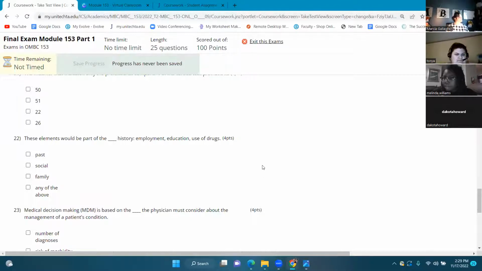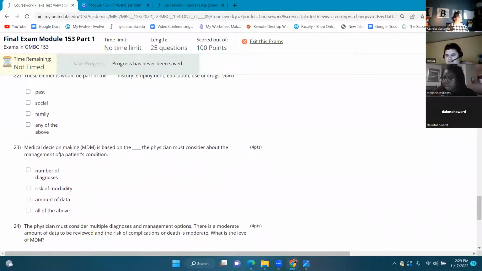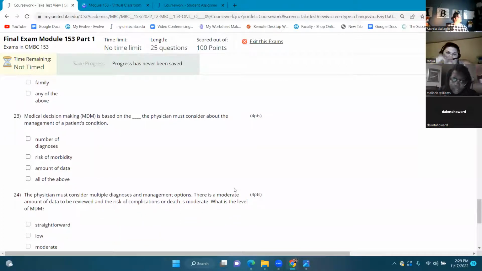Okay. Medical decision making, MDM, is based on the blank the physician must consider about the management of a patient's condition: number of diagnoses, risk of morbidity, amount of data, or all of the above? All of the above.